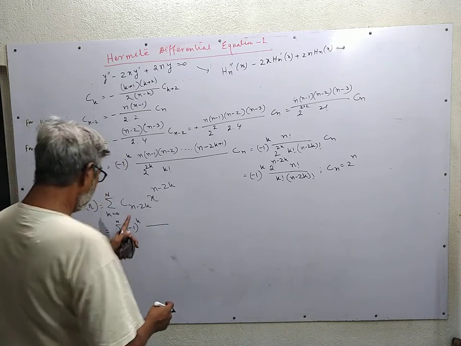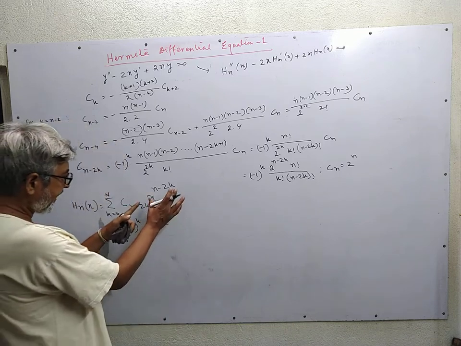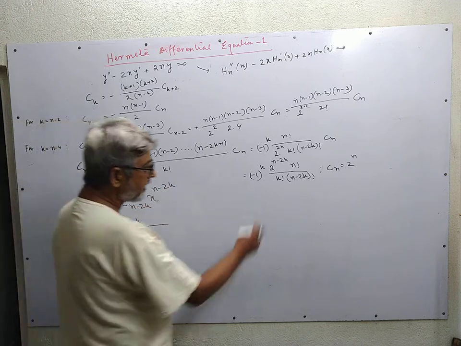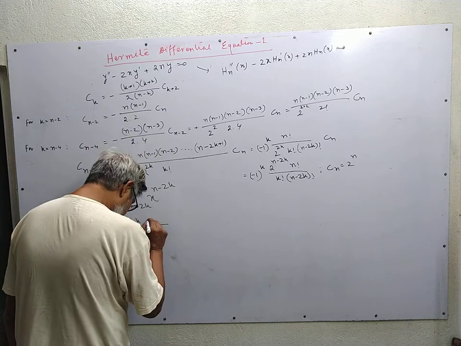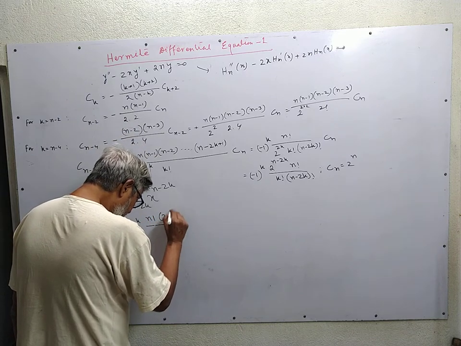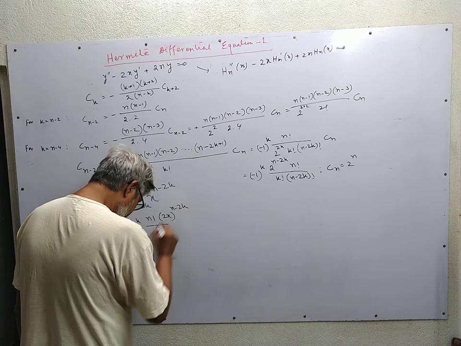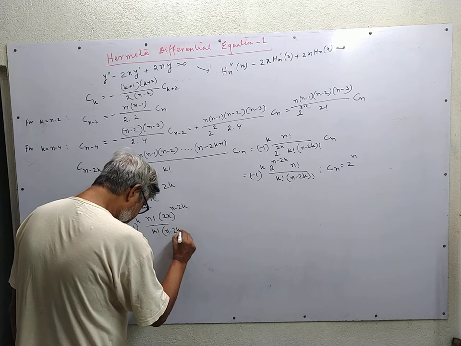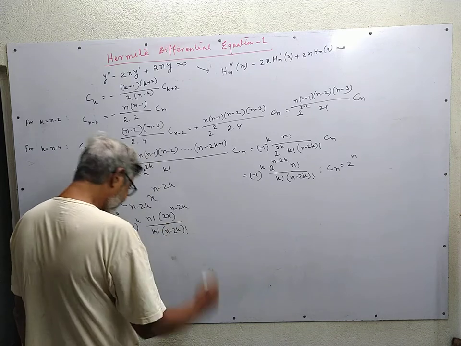You see the power of x is n minus 2k, and this has the same power. So we write factorial then 2x to the power n minus 2k, k factorial, n minus 2k factorial.